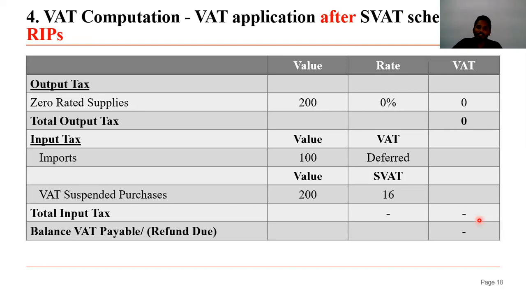Soon after they register as RIP under the SVAT scheme, they will make supplies as zero rated. Import is anyway deferred. Then they will make all purchases under SVAT terms, because they are not going to pay VAT, since it is suspended.